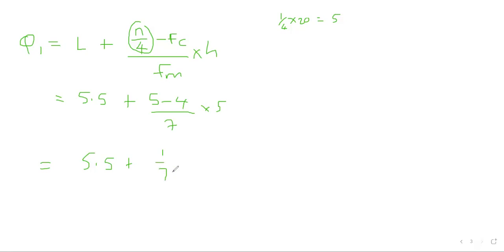So 1 over 7 times 5. So this is 5.5 plus 5 over 7, 0.71. So we're going to have 6.214. This is how we find our first quartile.